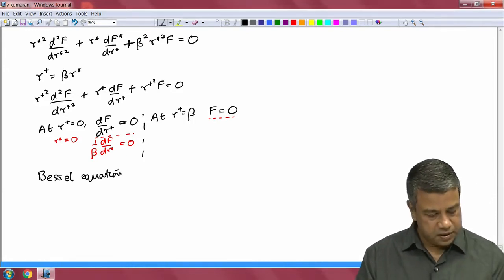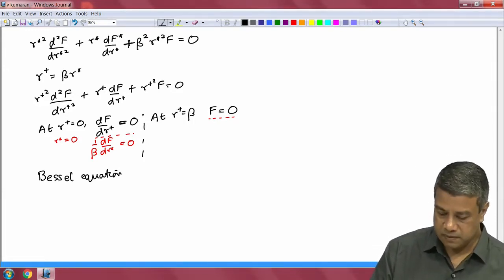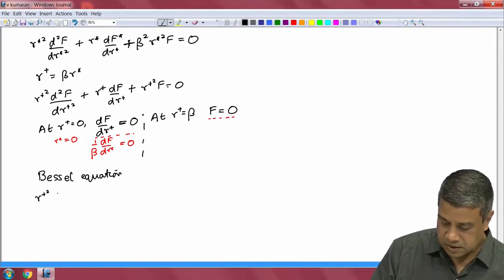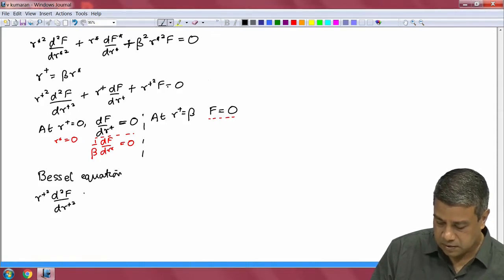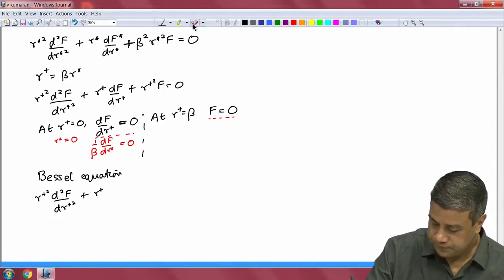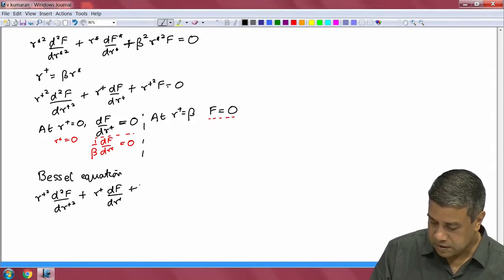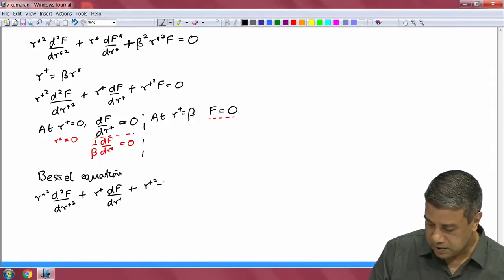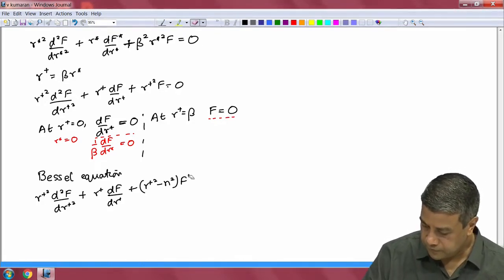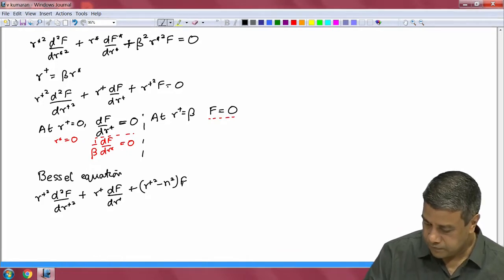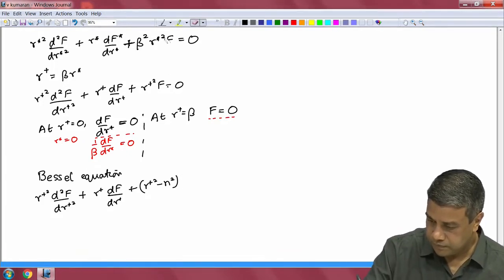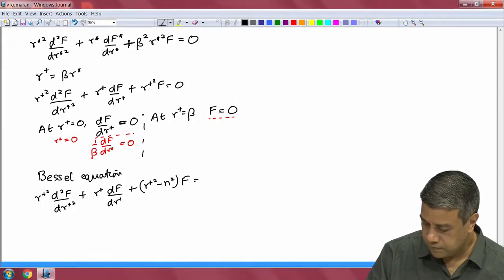The Bessel equation in its original form is r squared d squared f by dr squared plus r df by dr plus (r squared minus n squared) times f.